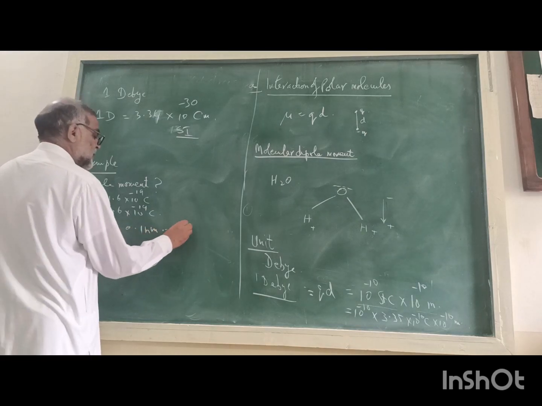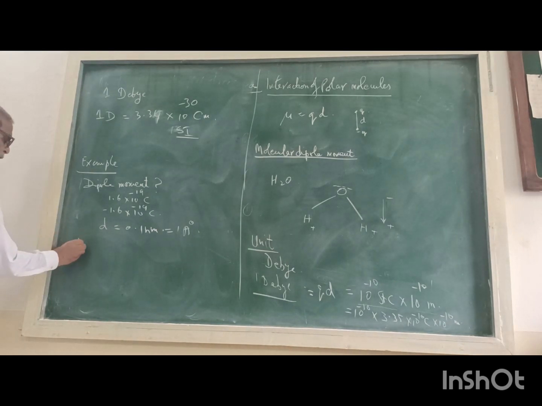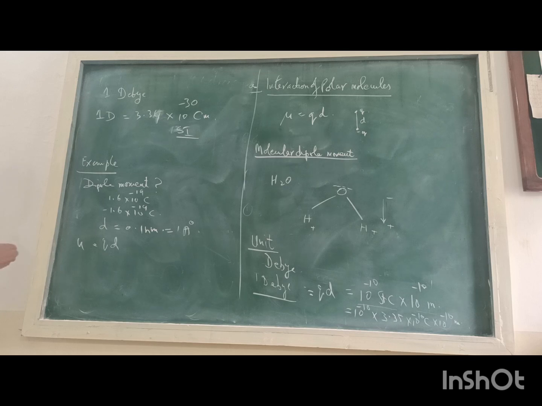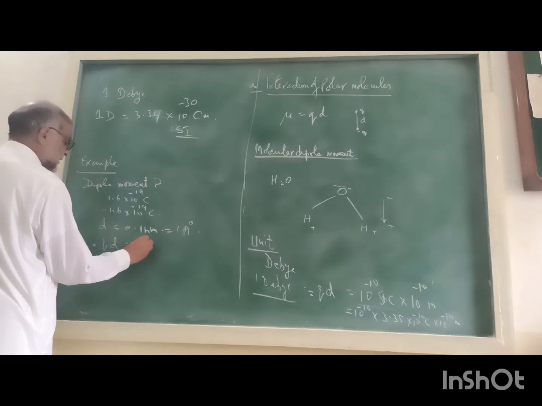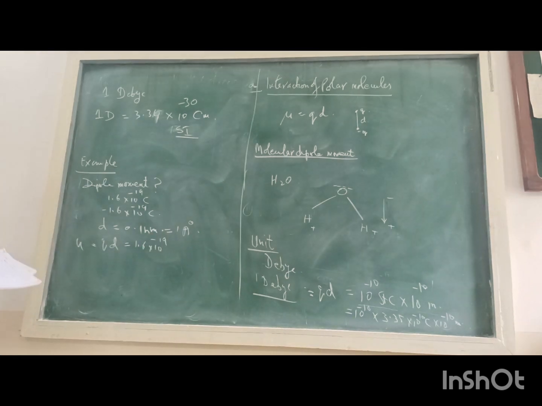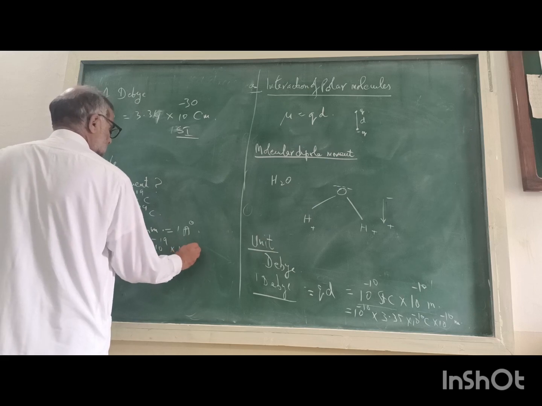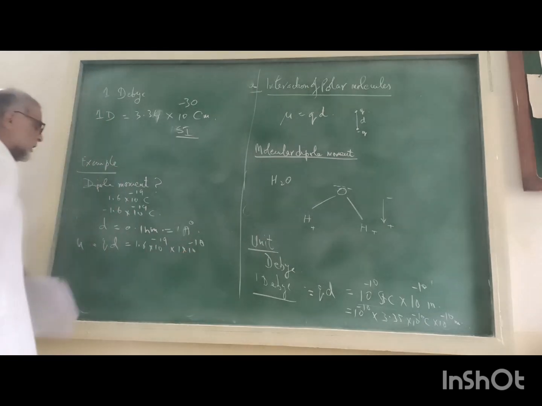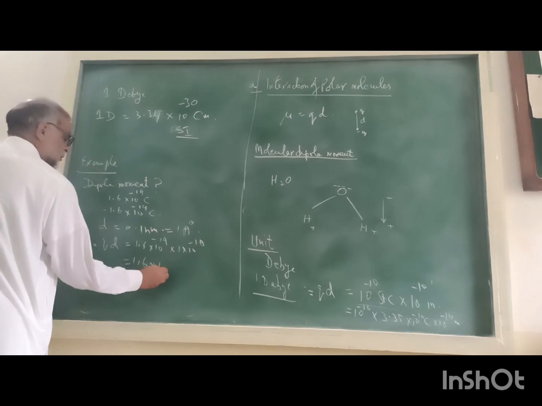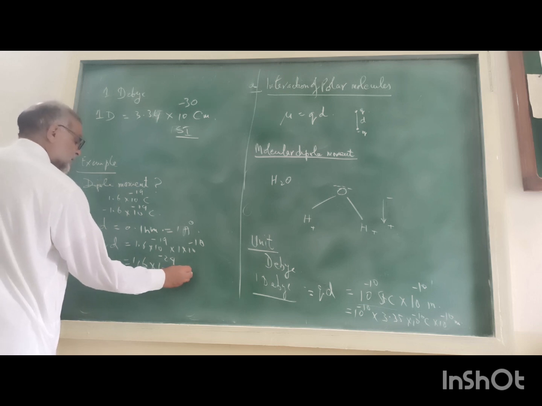How much is the electric dipole moment? So we will say p is equal to q times d, which is 1.6 times 10 to the power minus 19 times 10 to the power minus 10, and that is equal to 1.6 times 10 to the power minus 29 coulomb meter.